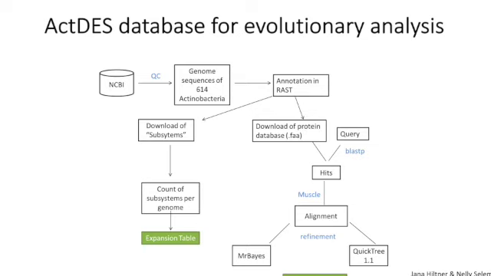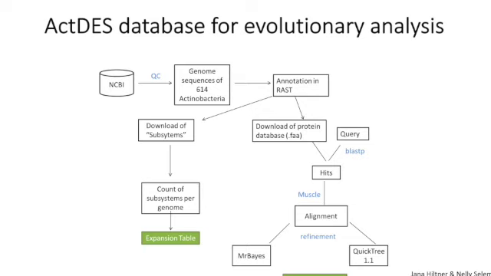So these 614 genomes were reannotated in RAST, and then this allowed us, in the initial work that we did, to download the subsystems and count the expansion of particular gene families, and that was published in 2018 around pyruvate kinase.